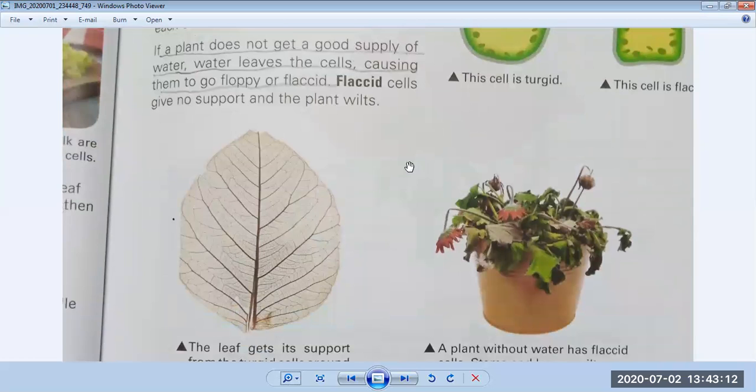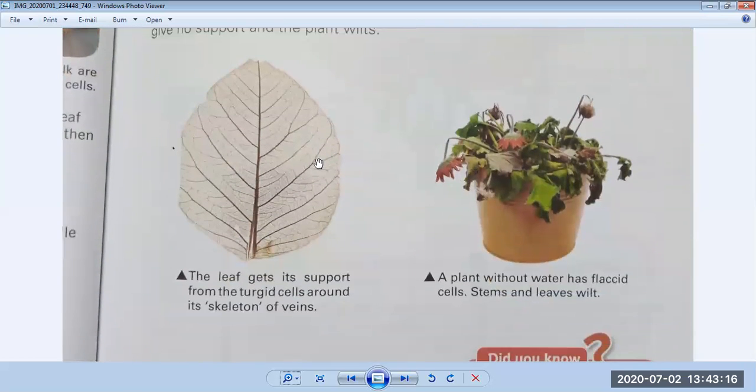Because of turgidity, the leaf gets its food. You can also see the leaf gets its food from the turgid cells around its skeleton of leaf veins. This is a leaf, and this is the midrib, and these are the veins of the leaf.